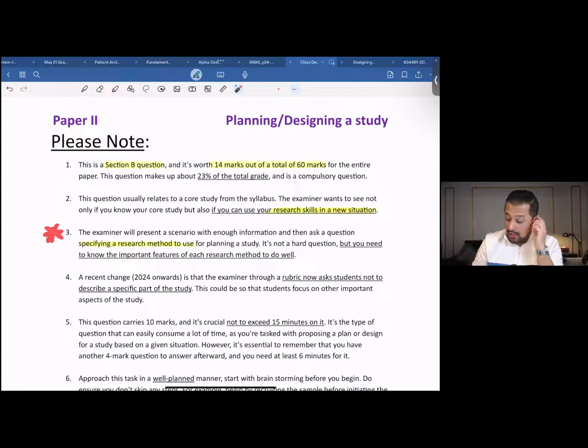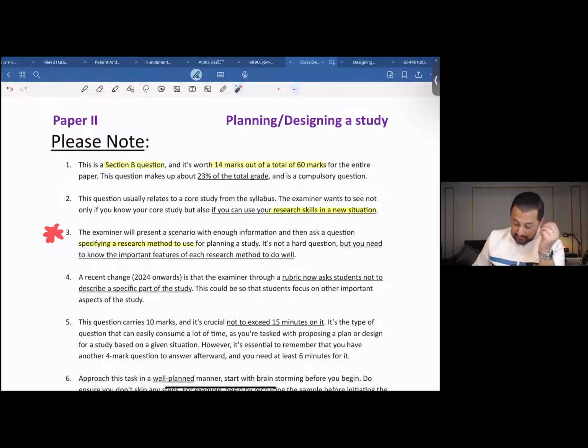Probably because students, now students being students, they would end up writing whatever they thought was easier. They would end up writing a lot, or they would end up emphasizing a lot more than they should have on certain parts of the plan, which now the examiner is trying to restrict. Of course, when you talk about designing a study, the study doesn't always revolve around sampling techniques, and the study doesn't always revolve around ethical guidelines just because you know them better than the other parts of the planning.